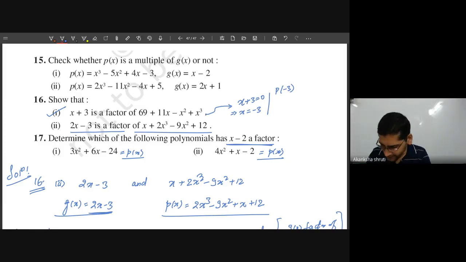What is our px? px जो हमने, now it is our this one. This is our p of x.